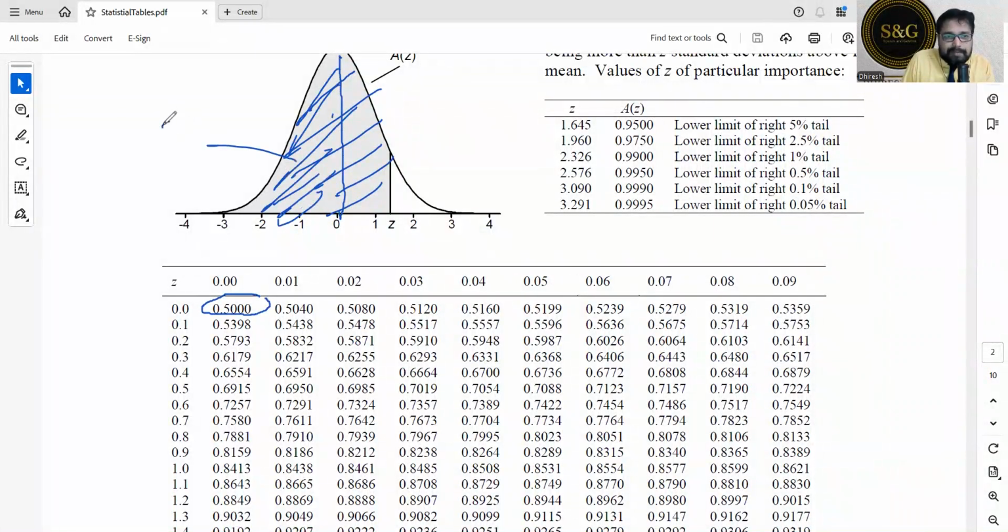So 0.5 meaning 50% area will be under the curve. And this 50% area is nothing but a p-value. Are you understanding? So these are the areas under the curve we are basically calculating from the table. So this is for the Z table.